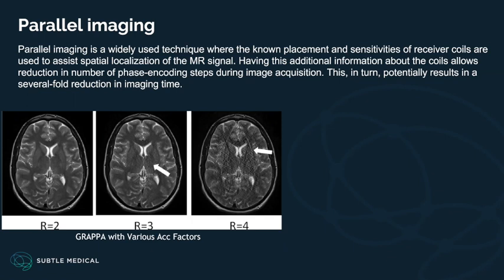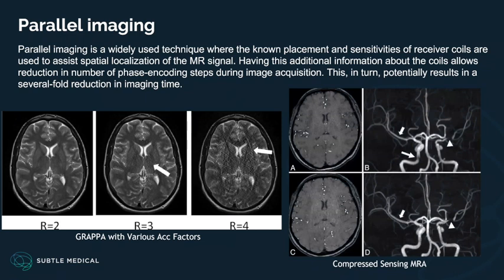Very recently, new techniques like compressed sensing have come along, which are iterative constrained reconstruction methods, which are data-driven and not entirely coil-dependent. So they are more data-driven iterative reconstruction, a precursor to some of the deep learning reconstructions, which we'll talk about a little bit later.